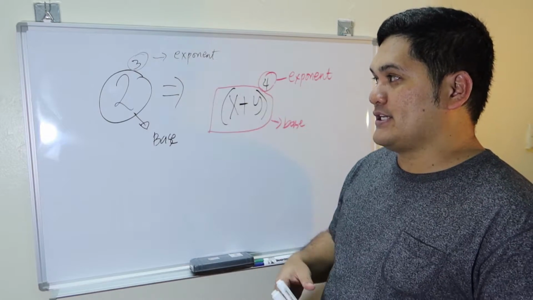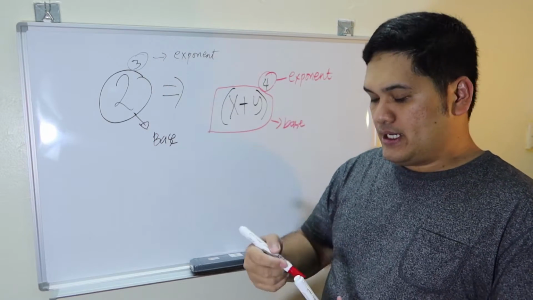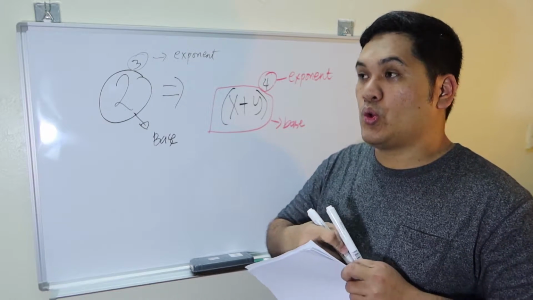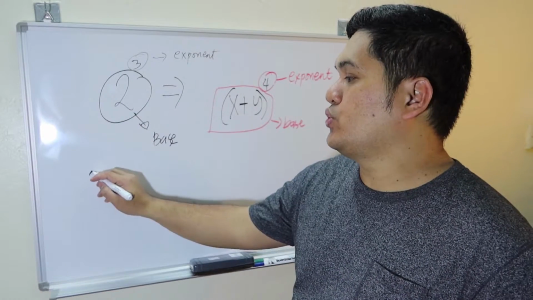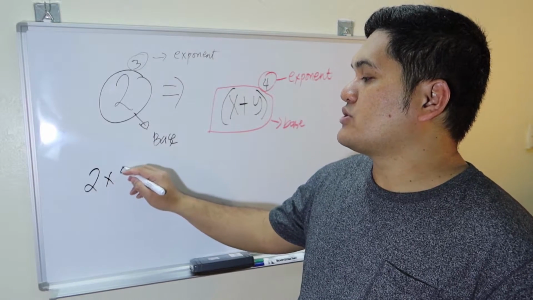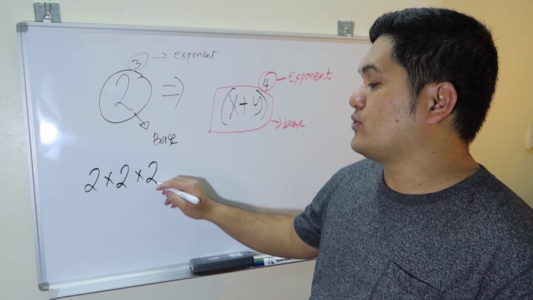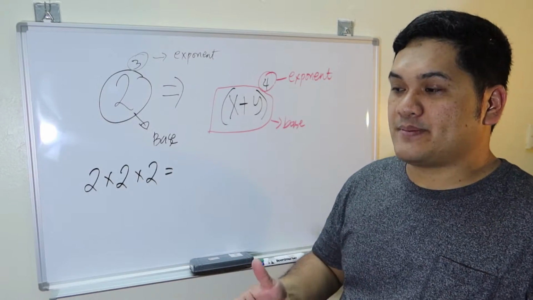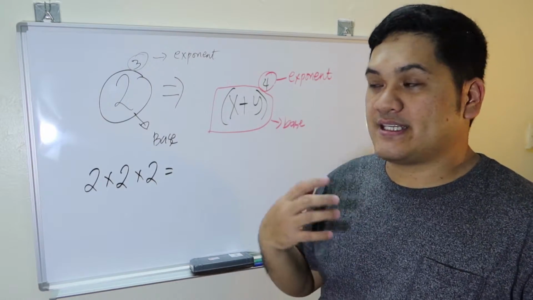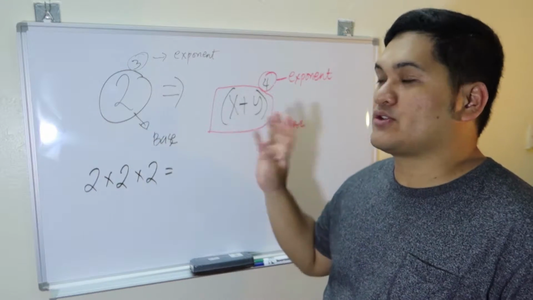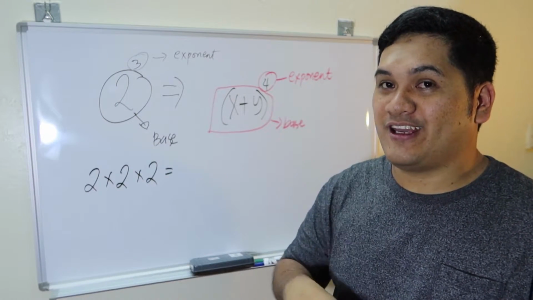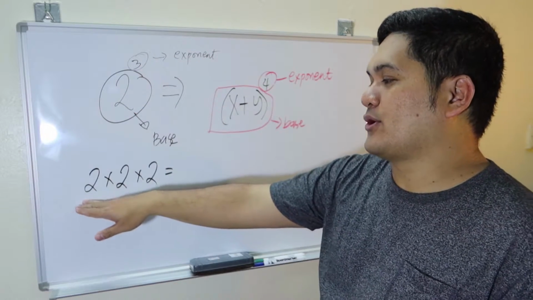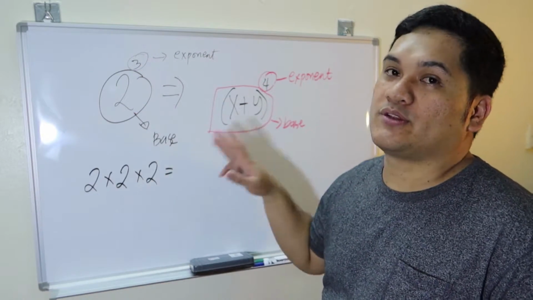So say for example, if you have 2 raised to 3, that means you're going to multiply 2 three times: 2 times 2 times 2. So the exponent will tell the base how many times i-multiply siya sa sarili niya. Pero hindi pwedeng gawin yung 2 times 3. No, that's wrong.